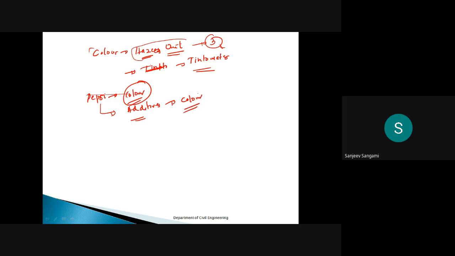When you talk about water, it should be free from color. But when it comes to cool drinks and those things, there are no such guidelines about this color or that color. Only when you are drinking water, it should be free from any color. Keep that in mind.